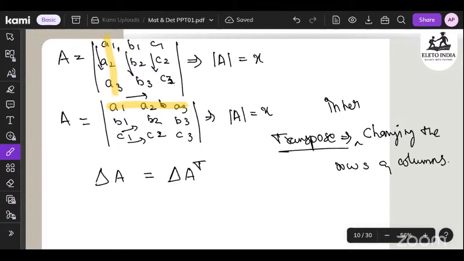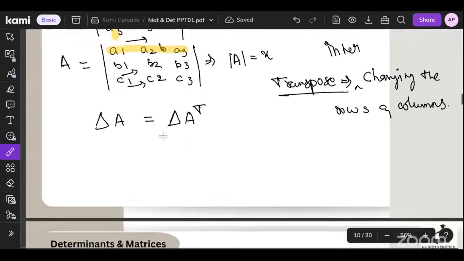Hope you understand what the transpose is, and even if you do the transpose, the determinant will be the same. The value will be unchanged. We can denote the transpose like this, or also like this. This is known as the transpose, where you are changing A into A transpose.